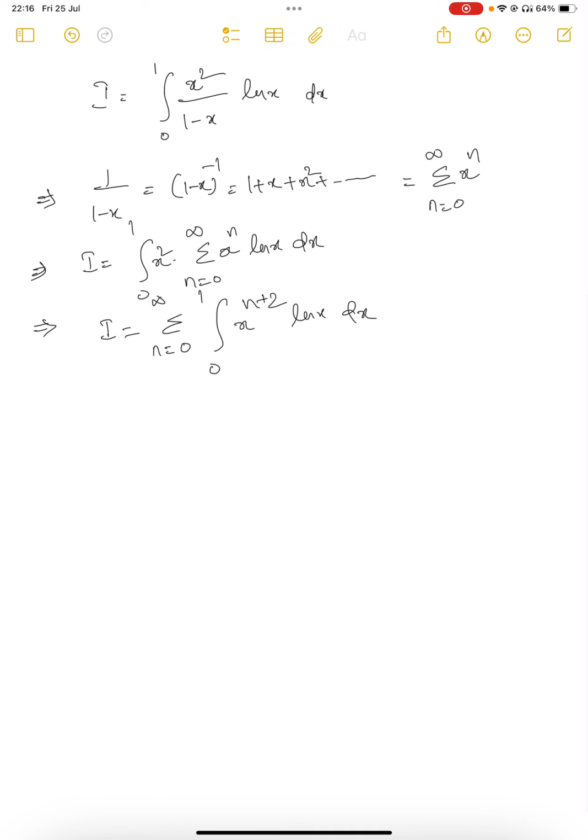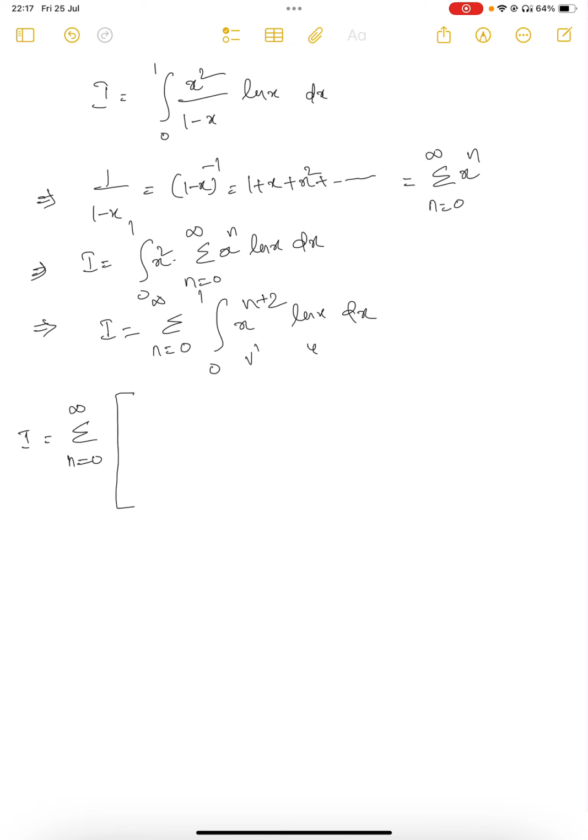Let us consider ln x as u and x power n plus 2 as v dash. Then I equal to summation n equal to 0 to infinity, this will be uv, right?